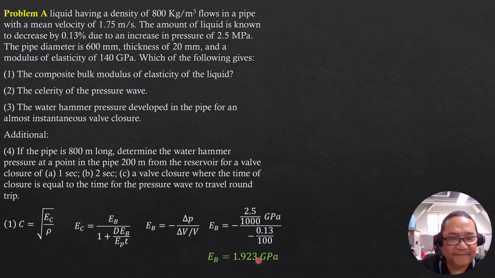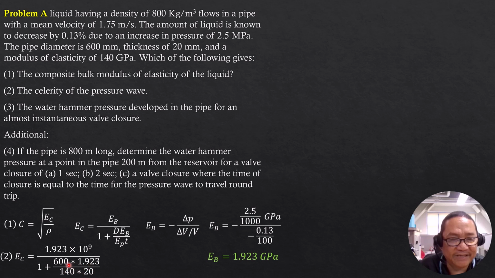So we can now compute the composite bulk modulus of elasticity of the liquid by substituting into this formula. But before that, let's solve for E sub C. So 1.923 times 10 to the 9 divided by 1 plus diameter 600 mm, bulk modulus of elasticity 1.923 gigapascals, then that of the pipe 140 gigapascals, thickness of the pipe 20 mm.